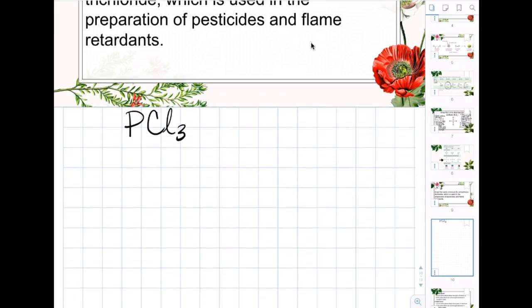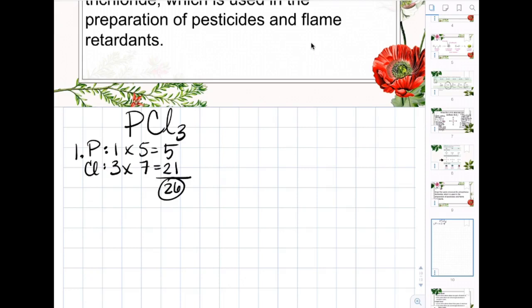So first let's count up our valence electrons. Phosphorus, if we look on the periodic table, is in group 5, so it has 5 valence electrons. There's 1 phosphorus, and it has 5 valence electrons, putting 5 into play. There are 3 chlorines, and each chlorine has 7 valence electrons, putting 21 into play, for a total of 26 electrons.